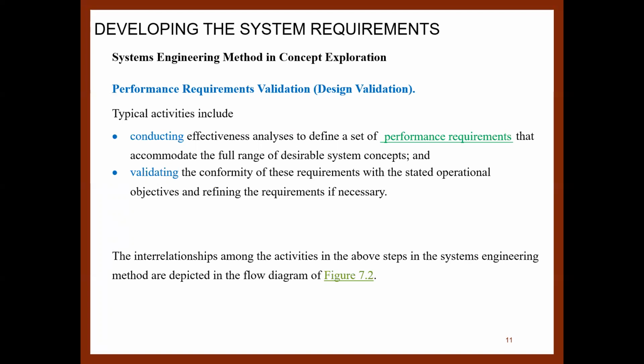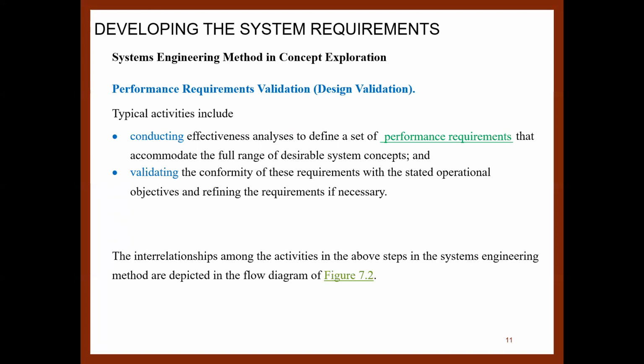So for instance, if you're looking at designing a hospital, you are going to look at certain characteristics that are typical in most hospital facilities. Let's say we have an emergency room that can accommodate 200 beds or 100 beds, or a range between 100 and 200 beds.